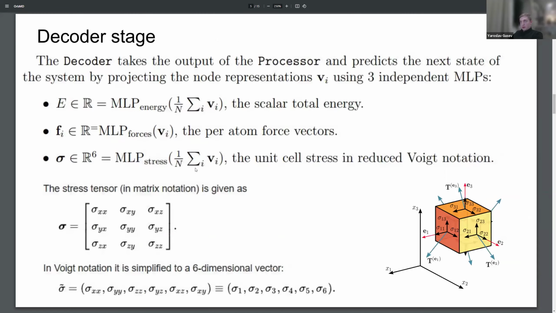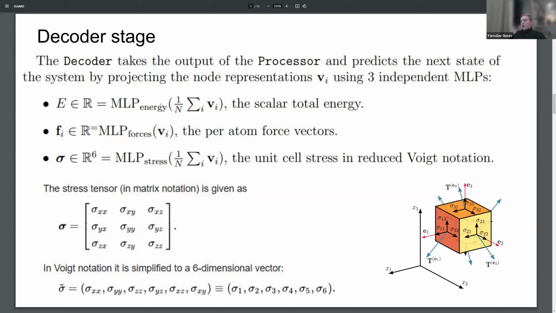All right, I will continue with the decoder stage, which is about the actual mapping from the latent space of the embedding, where the messaging was performed, to the final prediction of physically important quantities like energy, force, and stress tensor.